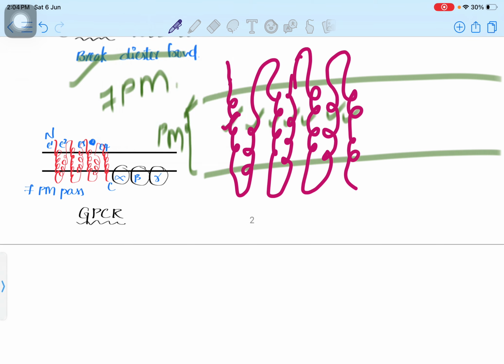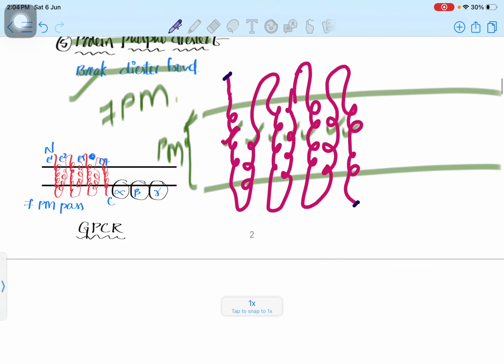Also we must know it is made up completely of protein. So the whole GPCR receptor is made up of protein. When we say it is made up of protein, it means it has N and C terminal regions. With that, there are some loops present.